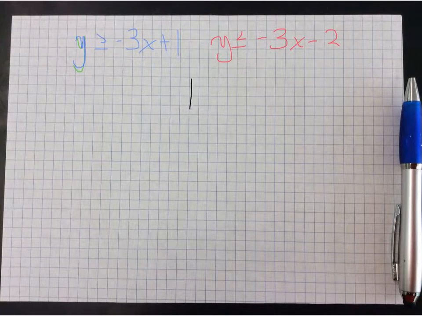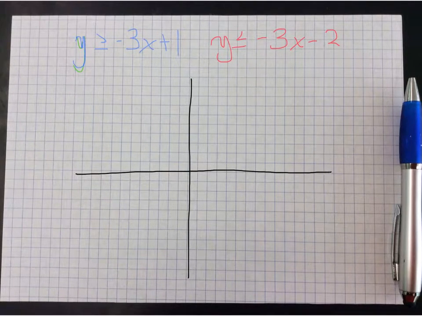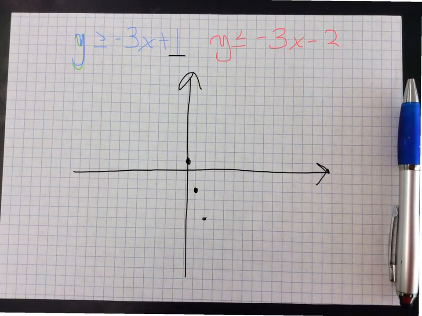If we graph those, for the first equation, I go to 1 on the y-axis, and then I go down 3 over 1. Then we would draw a nice straight line, hopefully, that would go through those points. Well, that wasn't exactly nice and straight, but I guess that's the best we're going to do with this.